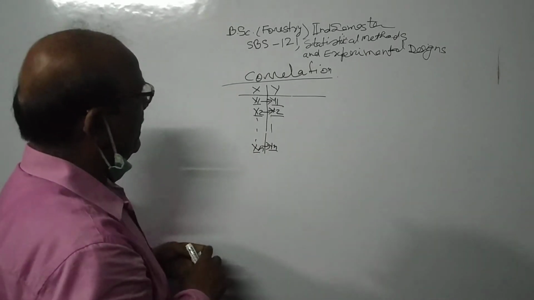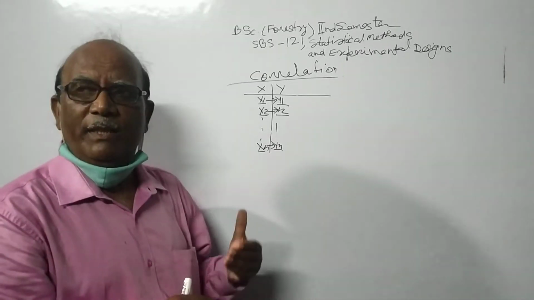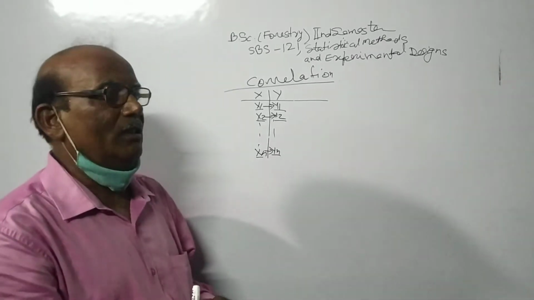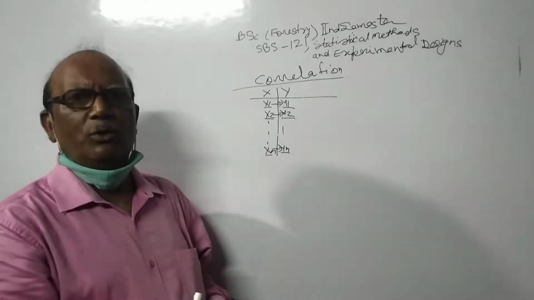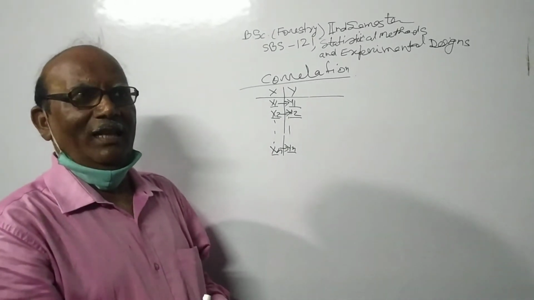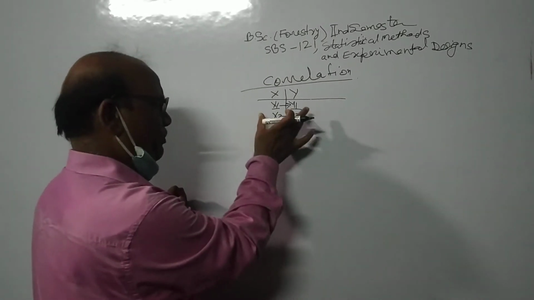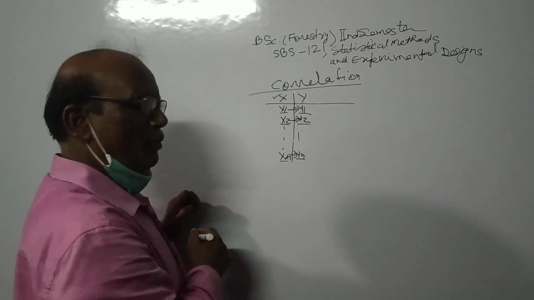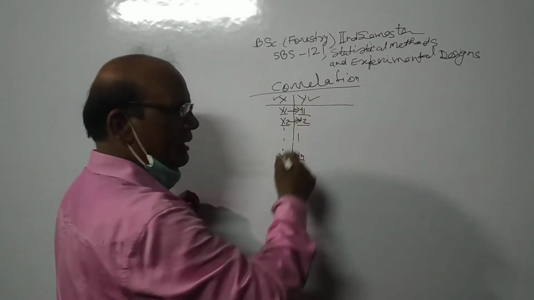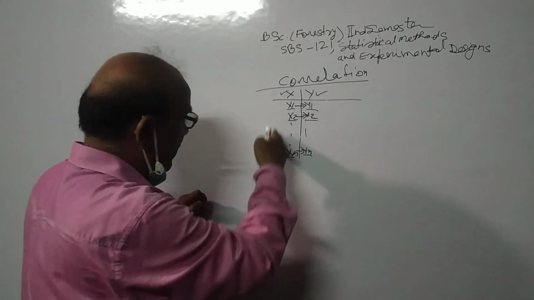So the definition of correlation: a linear relationship between two variables is called correlation, and the second term is the correlation coefficient. Here also one variable is independent and the second is dependent.